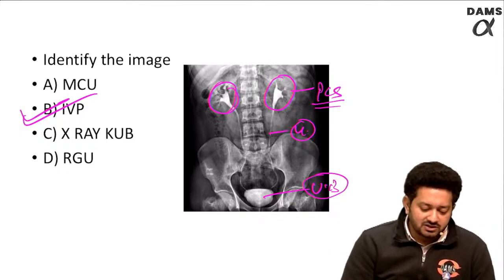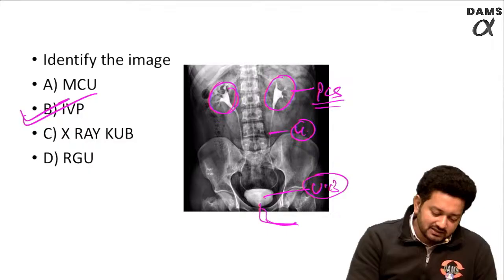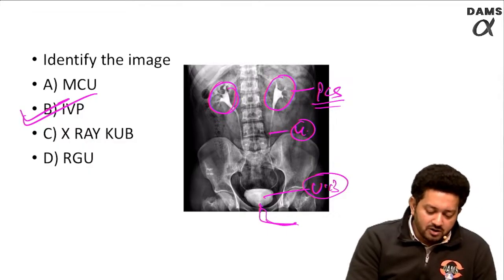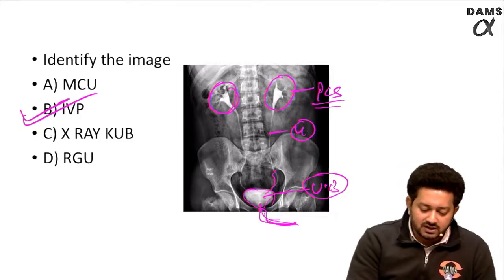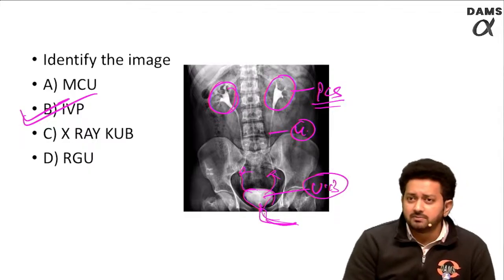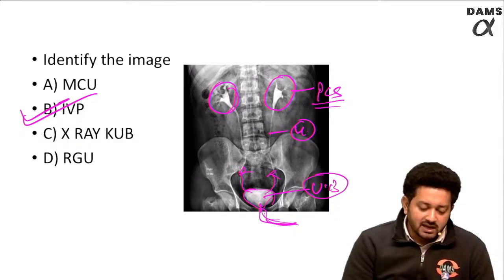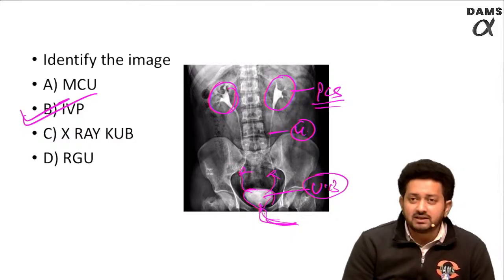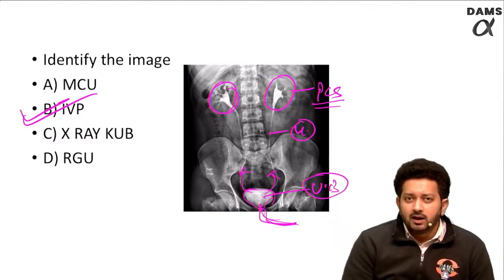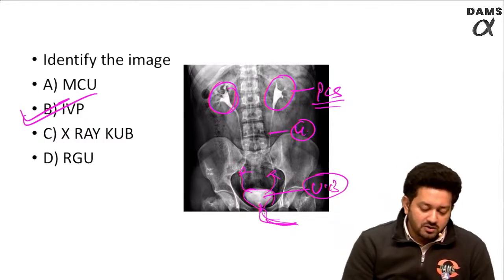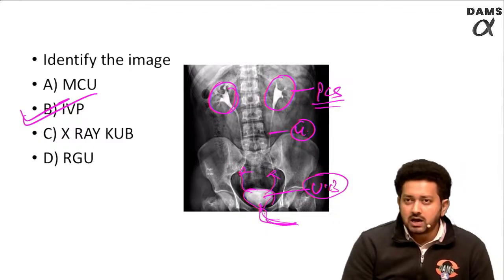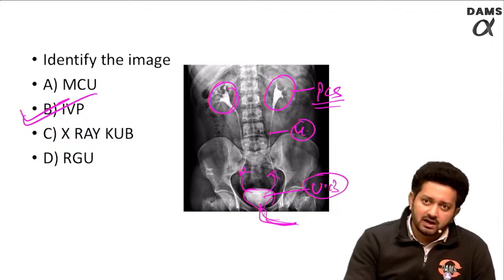In the micturating cystourethrogram, a dye is given from here, and then you ask the child or the patient to micturate, and normally you will see only the bladder and the urethra, but if there is vesicoureteric reflux, then you might see the dye going higher up with the dilated ureter or the dilated pelvic calyceal system. In an X-ray KUB you will not see any of these things unless there is a stone. Retrograde urethrogram will show you the urethra and the bladder. It will not show you the kidneys or the ureter. So that's why IVP is the answer.